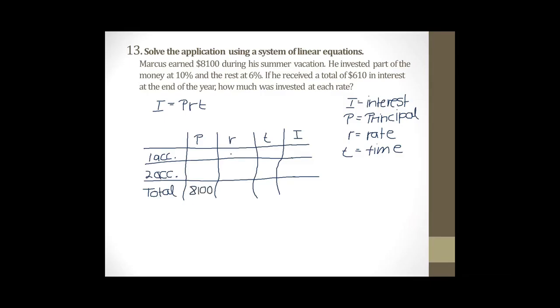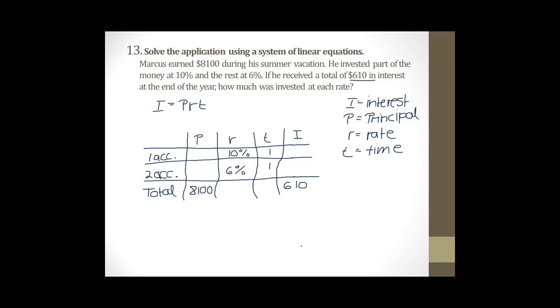My first account, I'm going to choose the 10%, and my second account is 6%. Then the time, it says it's 1 year, so 1 and 1. And now the last amount I have is 610, which is the total interest I received. So that goes right here.